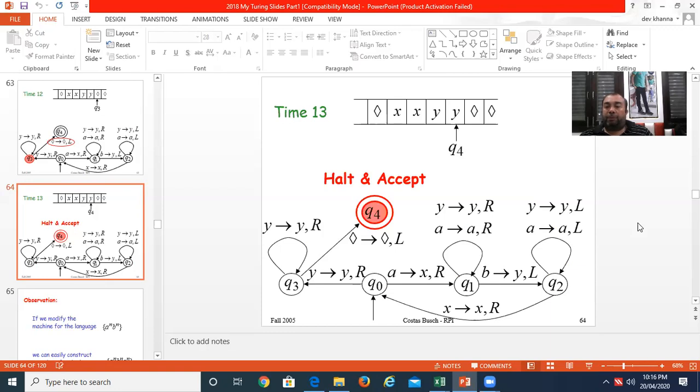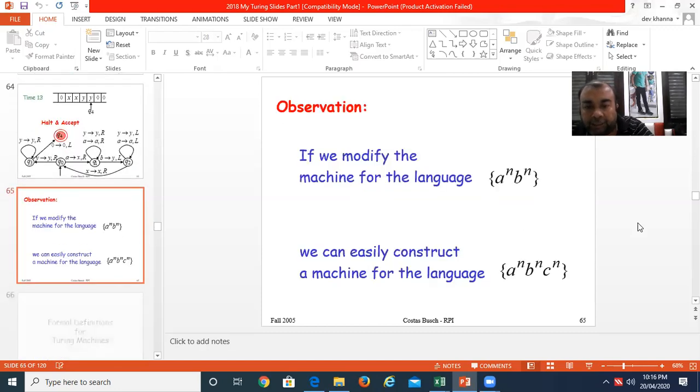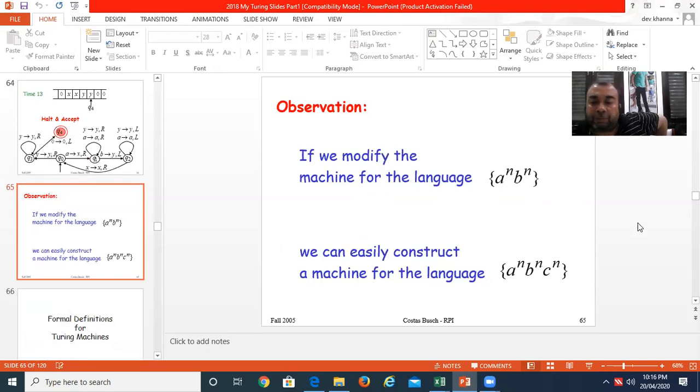Tell me any problem. This is not a simple cake for everyone, but this example is very important. Generally it is not asked, but if you are able to understand this a^n b^n, then you can recognize or modify this machine to recognize a^n b^n c^n.